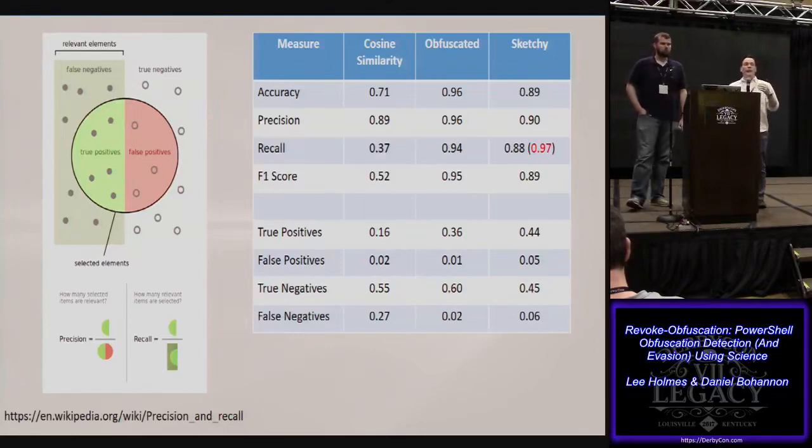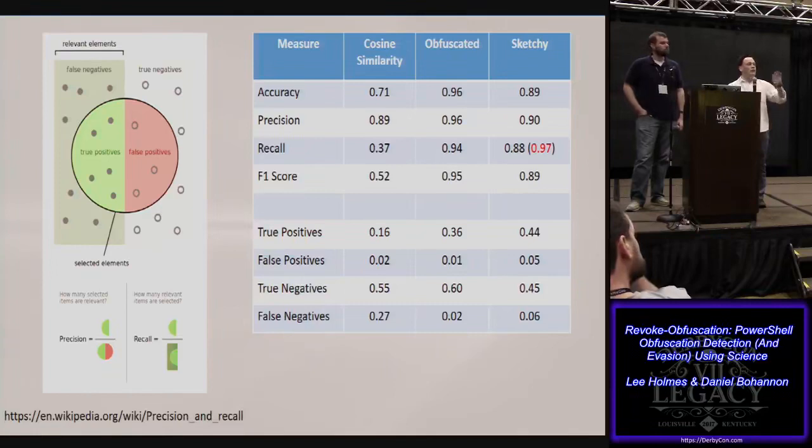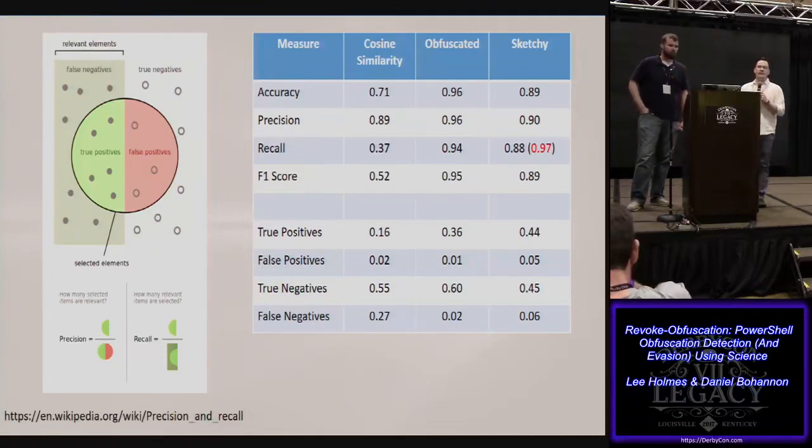So 88% of the stuff that it now finds is obfuscated and sketchy, still with only 5% false positives. And that's the thing that you're willing to pay when you're doing a deep investigation on a system. But here's the thing. This now becomes 97% of in the wild obfuscated stuff. So all that stuff you found is now 97% of in the wild obfuscated PowerShell. It's crazy.